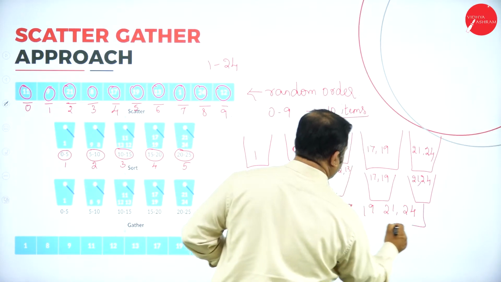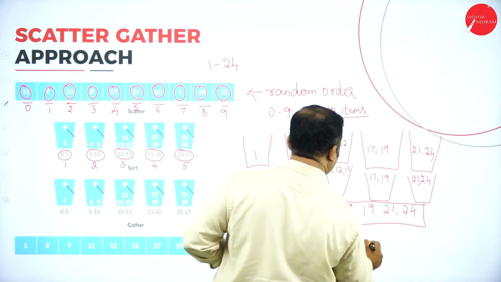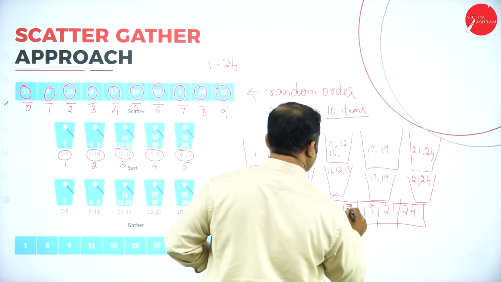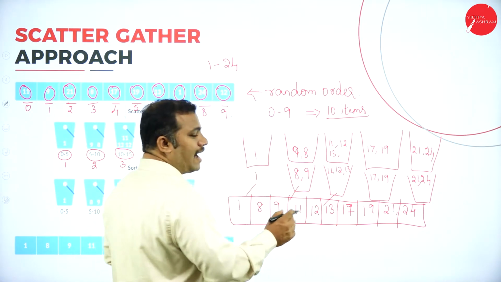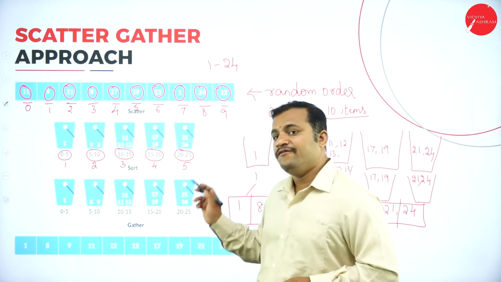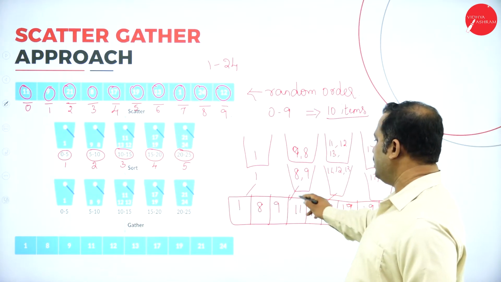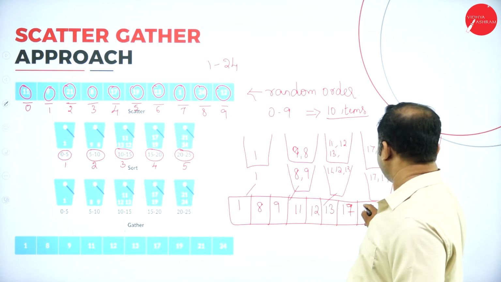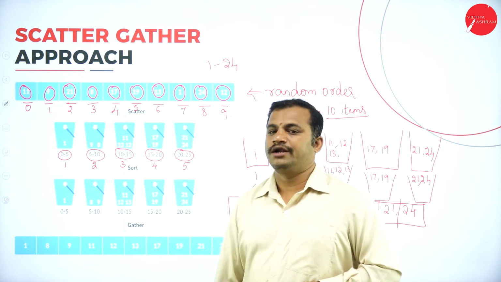So at the end of this, we will get an array of items in the sorted format. By doing this scatter and gather approach, we get the elements sorted in the final array. So the same thing is obtained here: 1, 8, 9, 11, 12, 13, 17, 19, 21, 24. It is the final array in the sorted format.